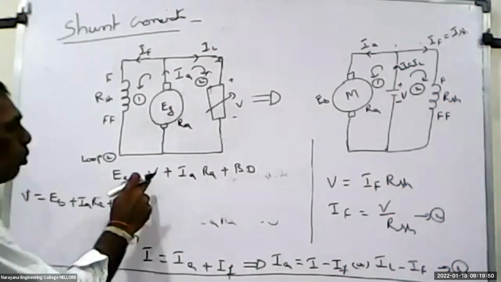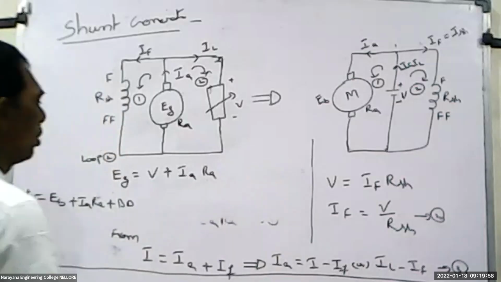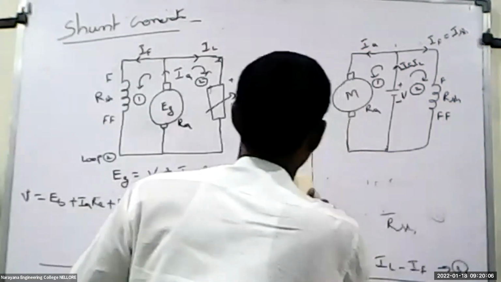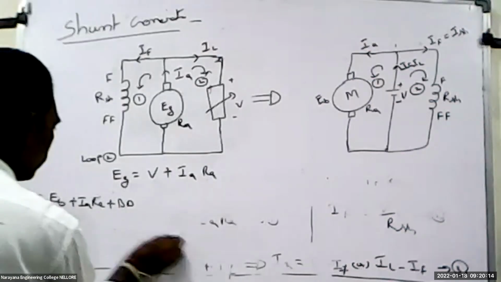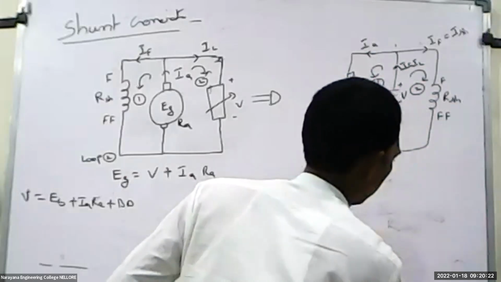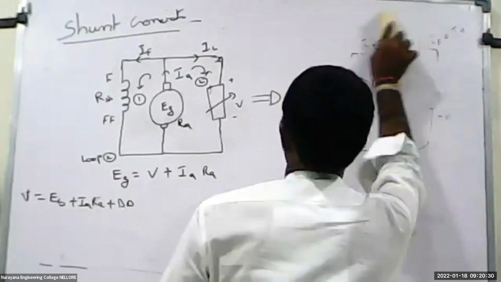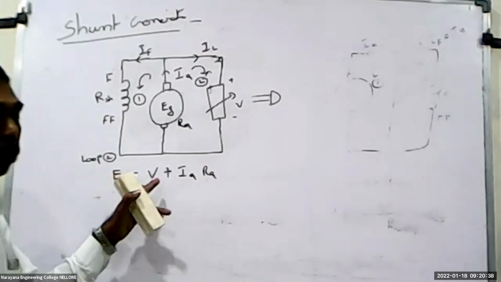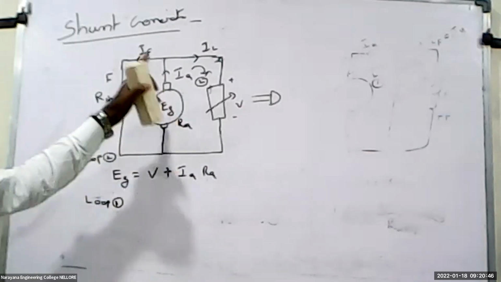Here EG is equal to V plus IA RA plus VD. If the brush drop VD is negligible, then the equation is EG is equal to V plus IA RA. So for our generator, EG is equal to V plus IA RA, and we are applying KVL for loop 1. What is the value?